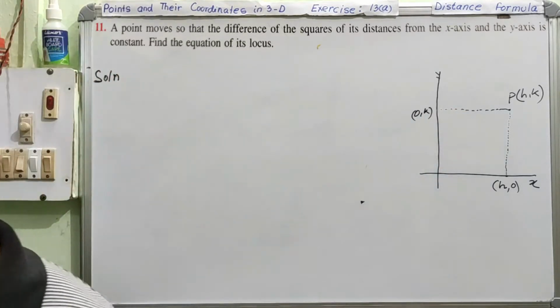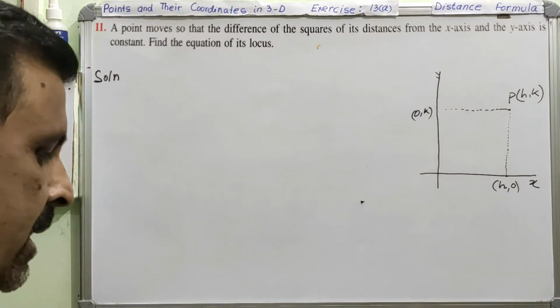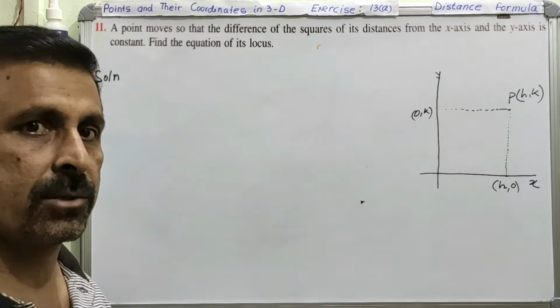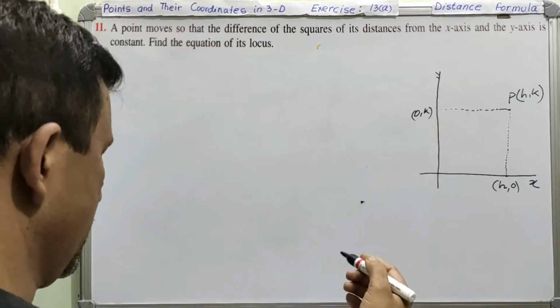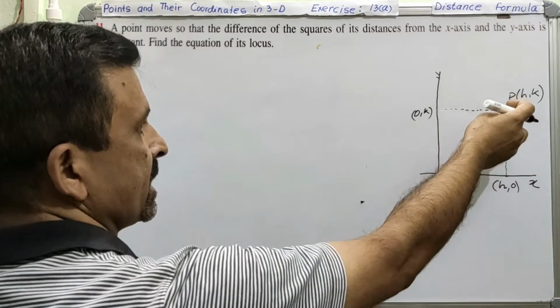Now we can start solving this question. What we can see here is the distance of P from x-axis.